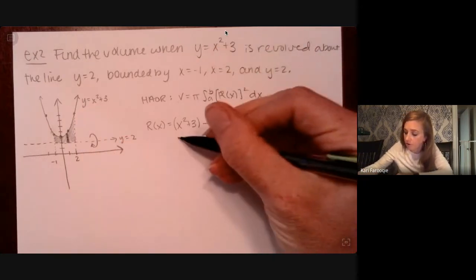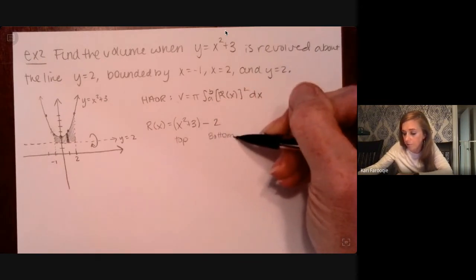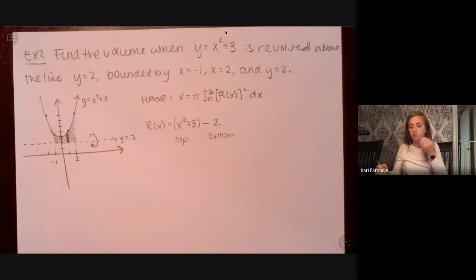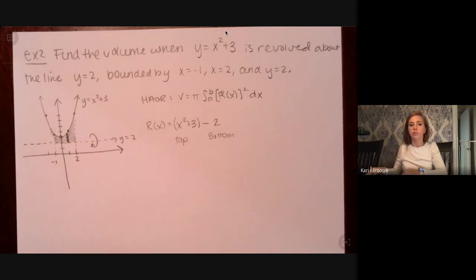So if you want to think about this as top minus bottom, I know it's sort of rudimentary and horrible notation, but personally, I feel that that makes sense. So your top function minus your bottom function, that's actually the area that you're covering there. And remember, we're talking about the area of the disk so that we can then find the volume of the disk.